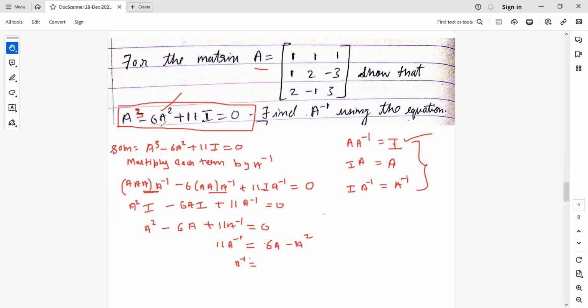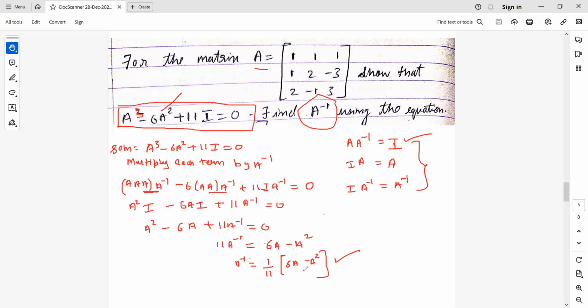So it will be 1 upon 11 into 6A minus A square. Using matrices, we need to simplify these two, and we have to divide it by 11. Okay, so this is the procedure to calculate A inverse.